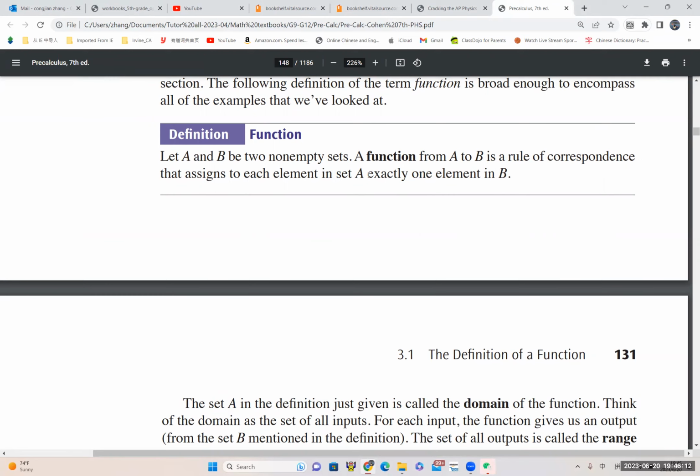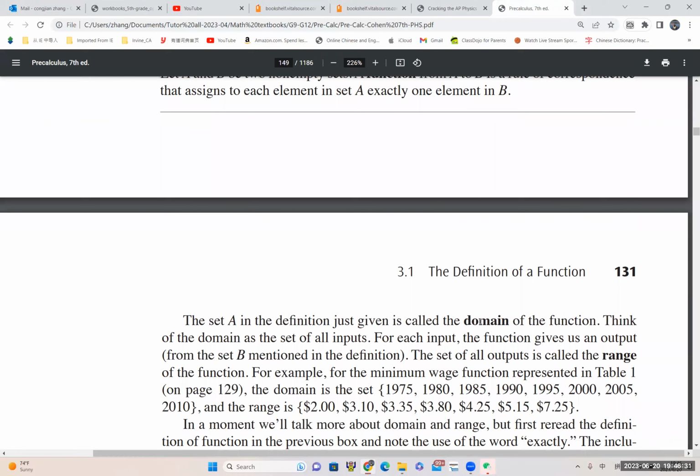So each element in set A, the domain, is assigned, or we say corresponds, to exactly one element. Then we call set A the domain and set B the range. Even if it's not a function, we also call the set of all possible input values the domain, and all possible output values the range.